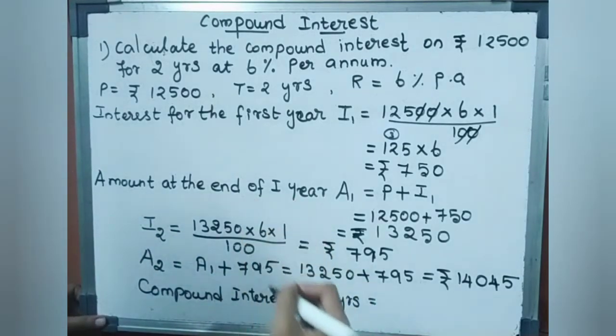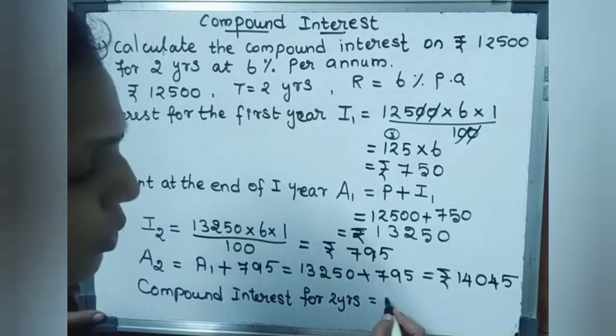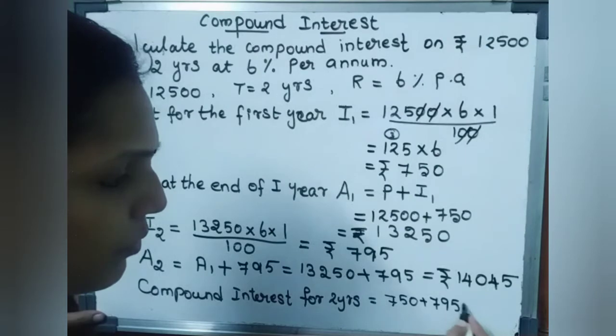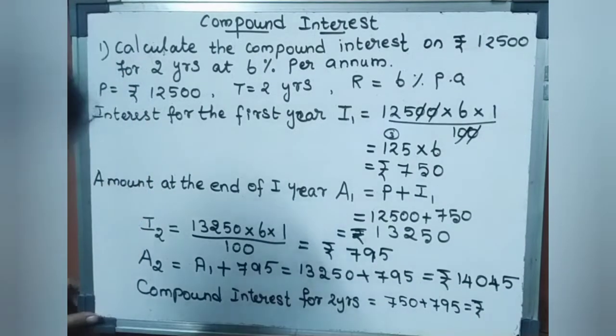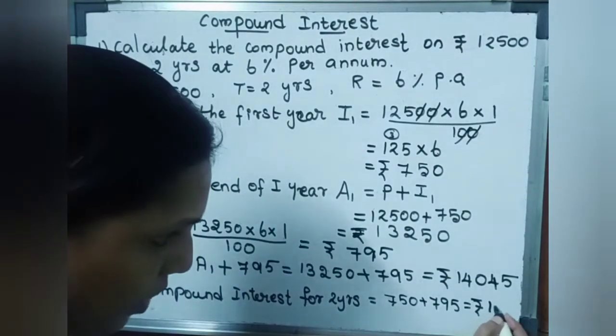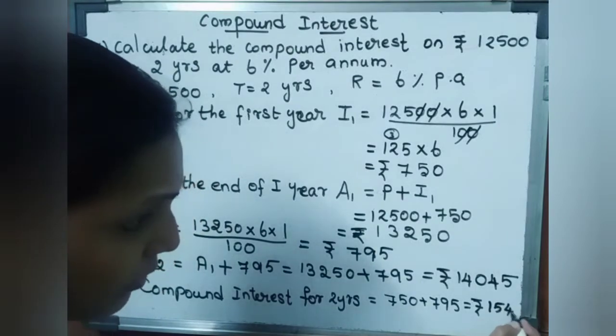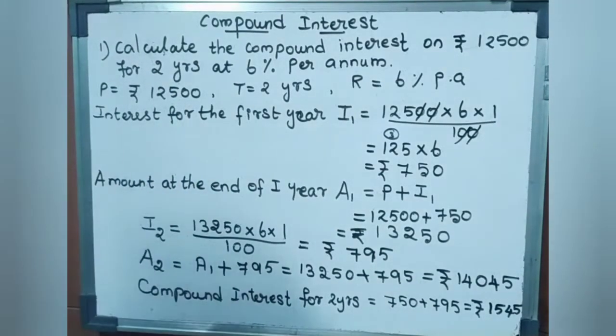So both the years' compound interest should be added here. So 750 plus 795. So you will be getting 1545. So this is the compound interest for 2 years.